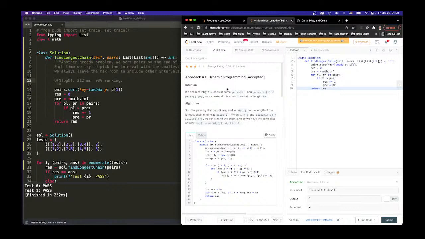So what we need to know is if my previous one is not overlapping, then we just directly add the current one to the previous one.